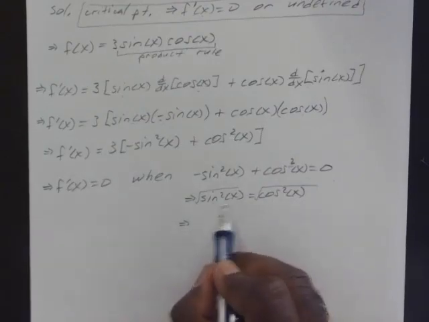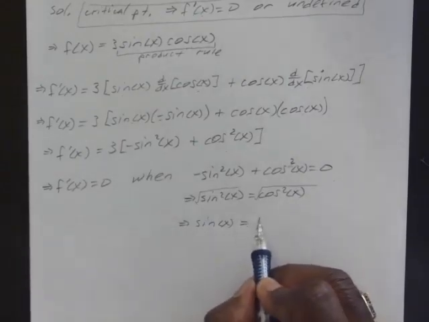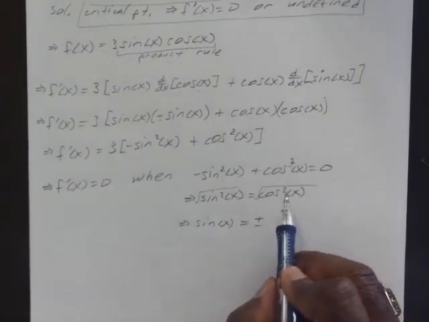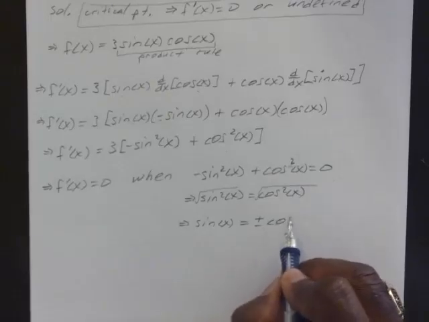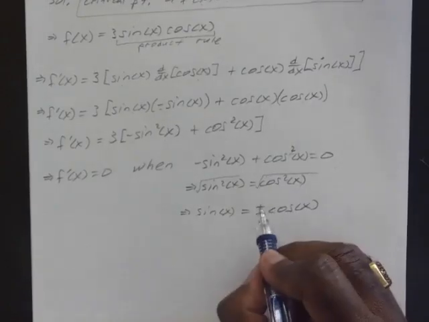So we square root sine squared, that's just sine of x, is equal to plus or minus the square root of cosine squared, which is just cosine. And it doesn't matter which side you put the plus or minus on.